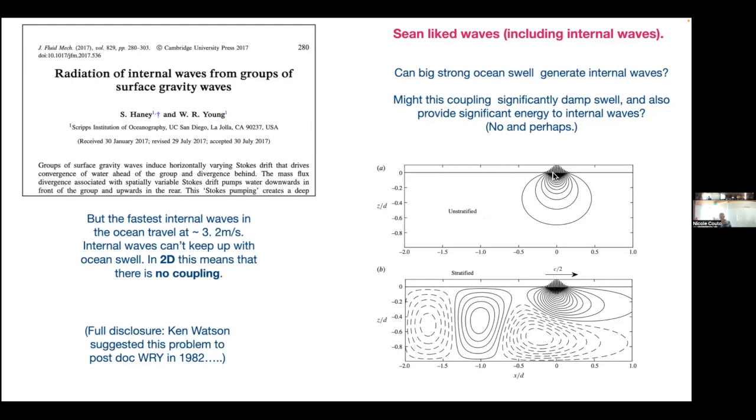One of the things we immediately discovered was that if you make the ocean stratified, the deep return flow is completely different. It looks more like this, and this is radiation of an internal gravity wave by the packet.